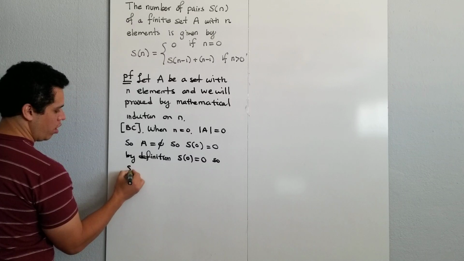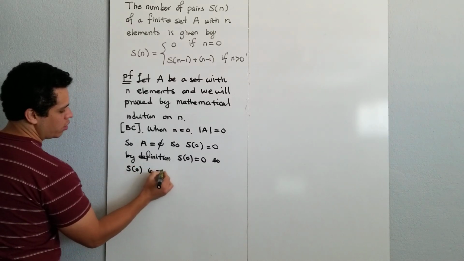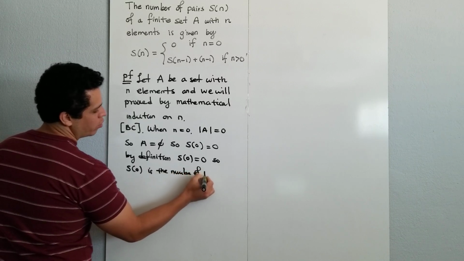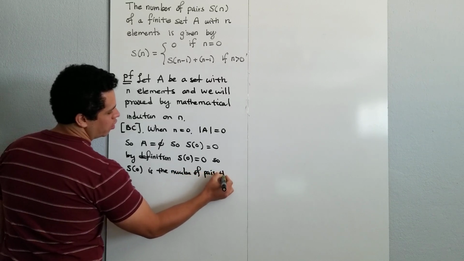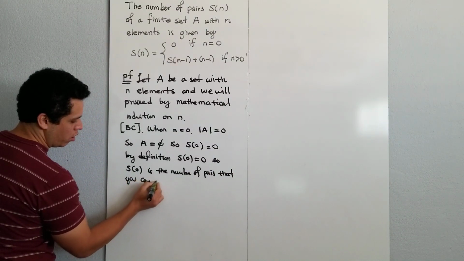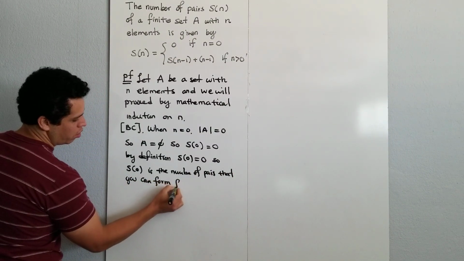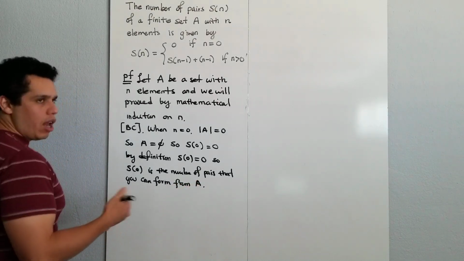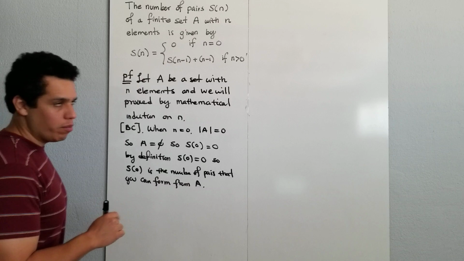So S of 0 is the number of pairs that you can form from A.